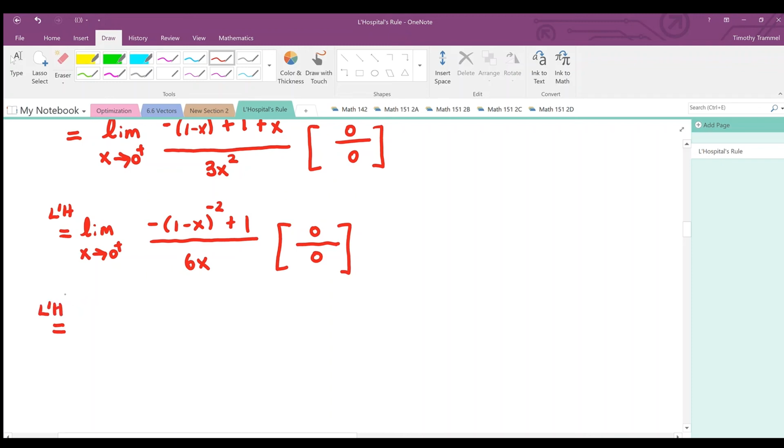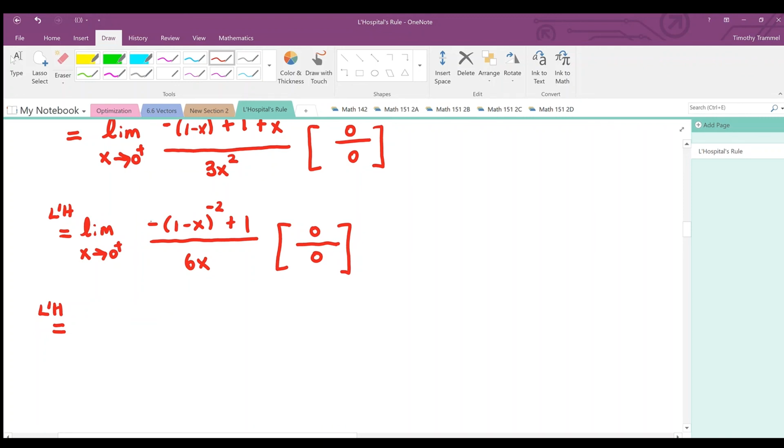And how do I know this is one last time? Our denominator is no longer going to have an x in it. And I should be specific here too. It won't have that x in it anymore. But let's see here. If we take our derivative again, we'll have to bring down that -2.